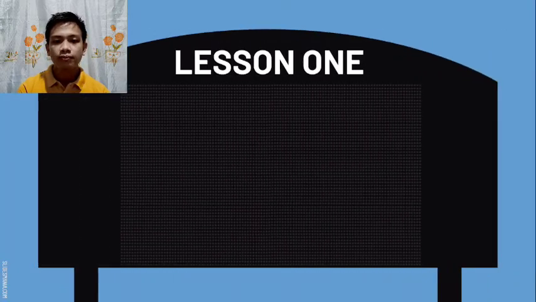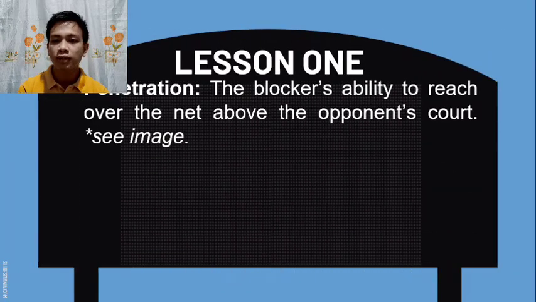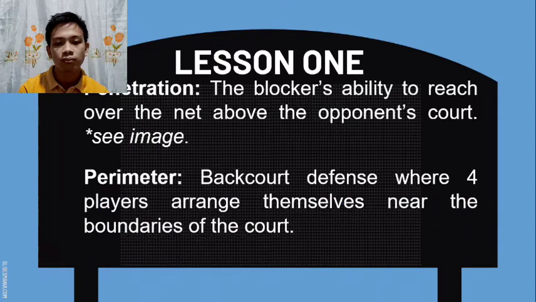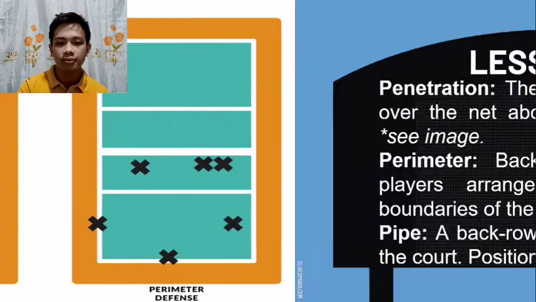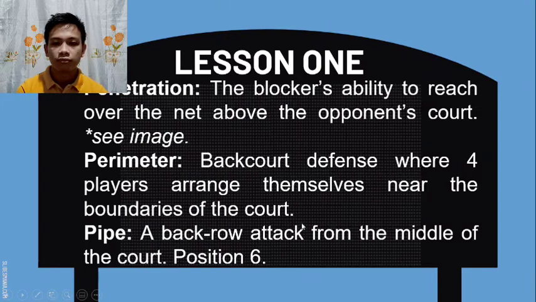Okay, next. Penetration, the blocker's ability to reach over the net above the opponent's court. Meron tayong penetration. Sa perimeter. Alam ko sa perimeter. The blocker's ability to reach over the net above the opponent's court.